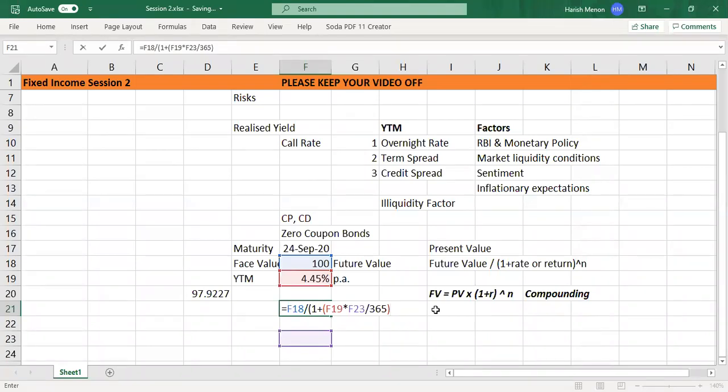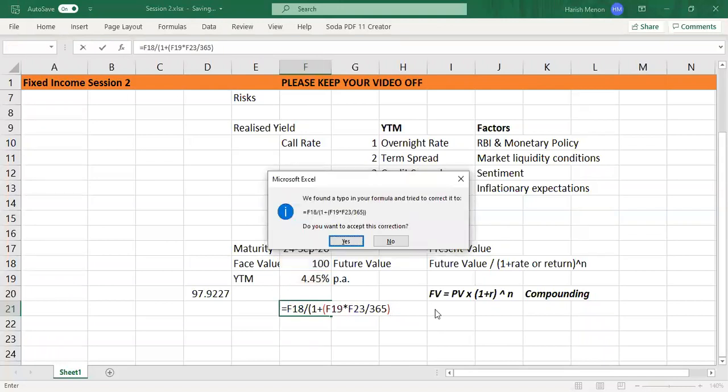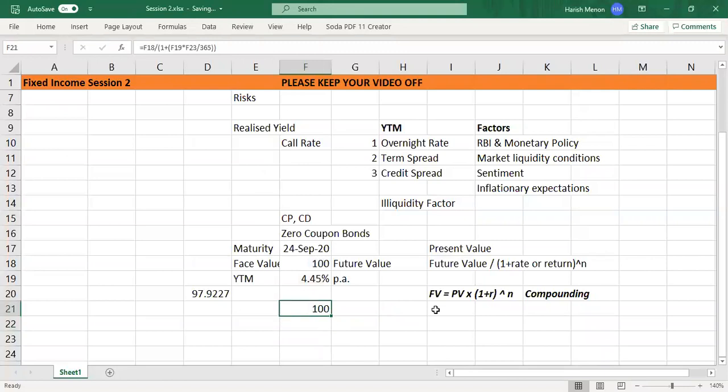Market is very clear. Less than 1 year, we do not do any compounding. So we do what is called a simple interest calculation. So 4.45 is for 365 days. How much for my holding period? I'm going to hold this bond for certain number of days. So then the price will come. Obviously, it is not coming now because the number of days is missing.